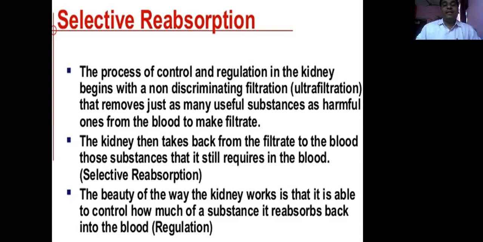The kidney then takes back from the filtrate to the blood those substances that it still requires. The beauty of the way the kidney works is that it is able to control how much of each substance it reabsorbs back into the blood. This is called regulation. It means it regulates which substances are essential, and such substances may be reabsorbed.